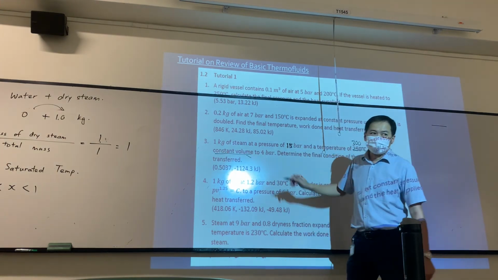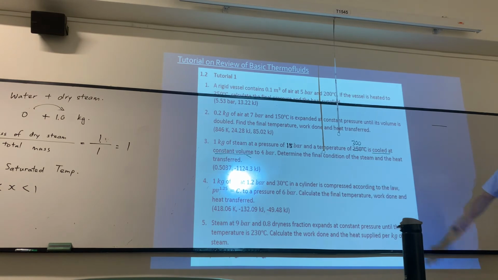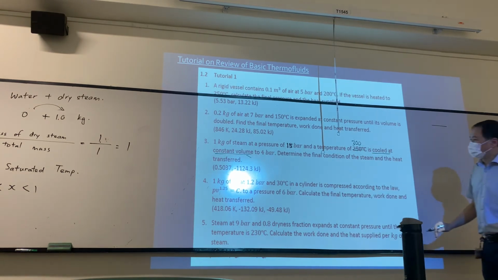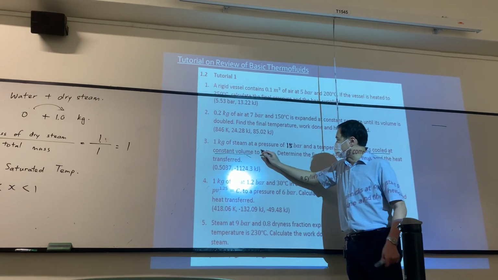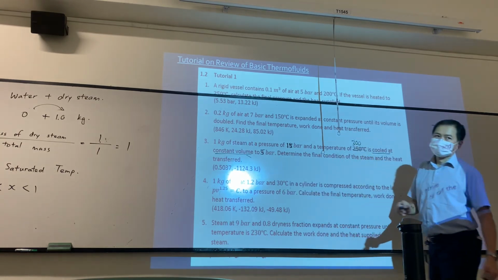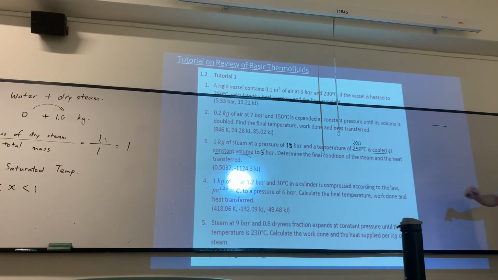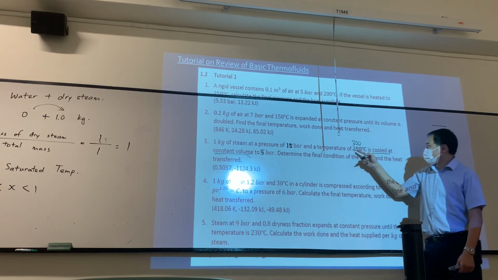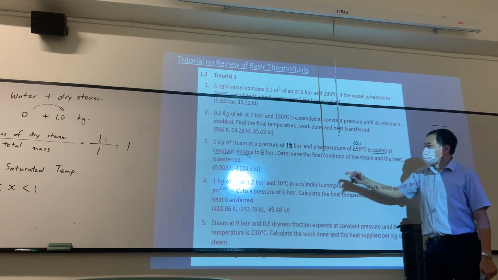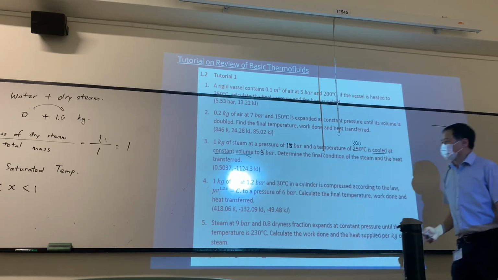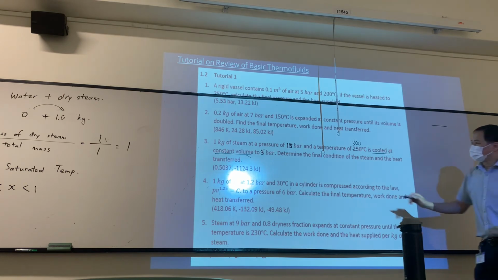Constant volume, don't change the volume, to a pressure of, instead of 4 bar, I change to 5 bar. So from 15 bar, 300 degrees C, cool down to 5 bar. Find the final condition.